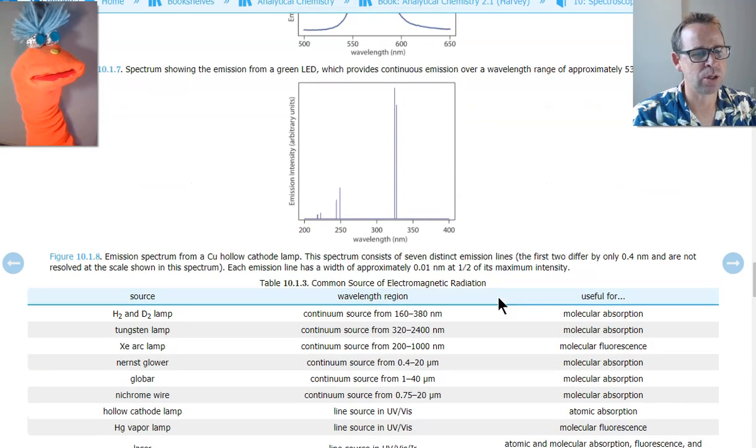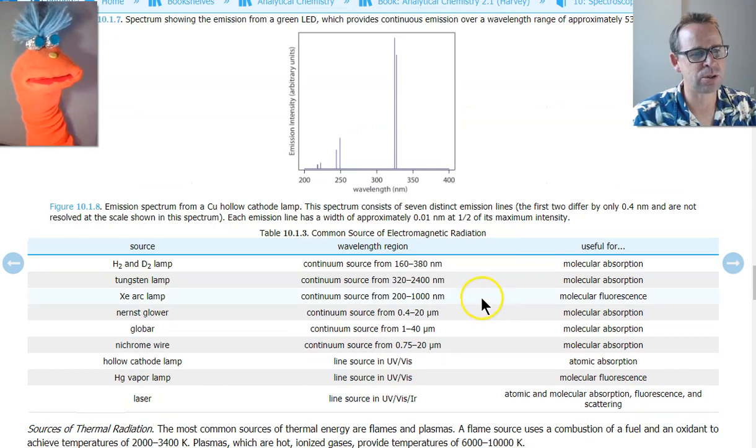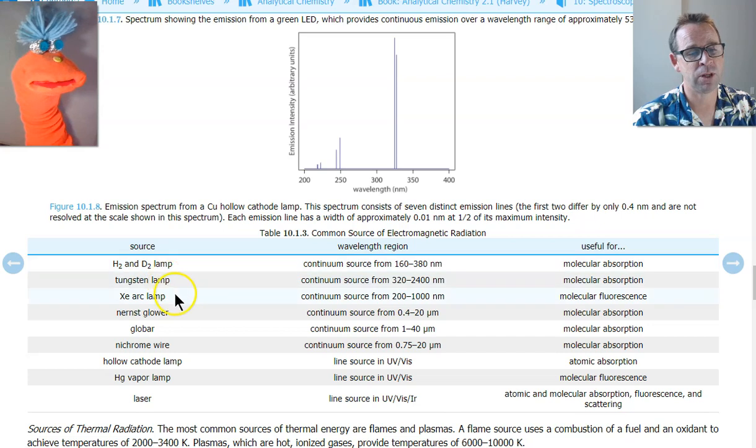Okay? So to get certain wavelengths of light, we have different sources of energy. A hydrogen lamp or a deuterium lamp. Now, you've heard of a neon light, right? Yeah, I told you I went to Vegas. That's right. You have neon lights, not just in Vegas, all over, right, Fred? Yeah, okay.